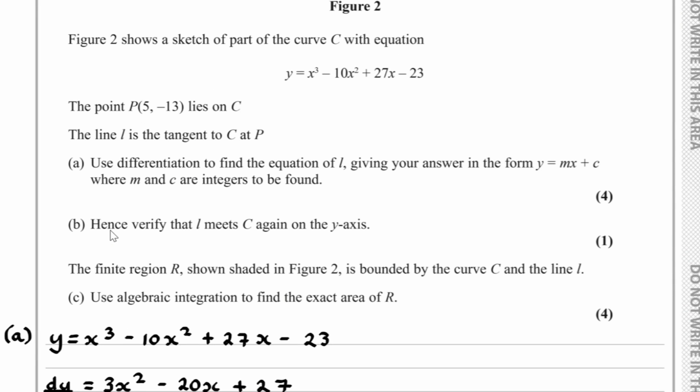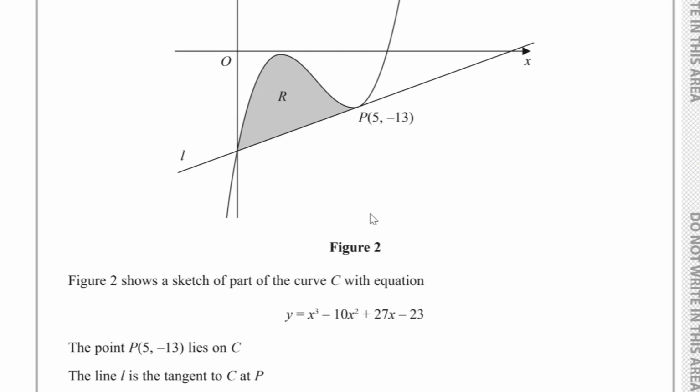Now for part B, hence verify that L meets C again on the y-axis. Well, you can see over here we have the point (0, -23).